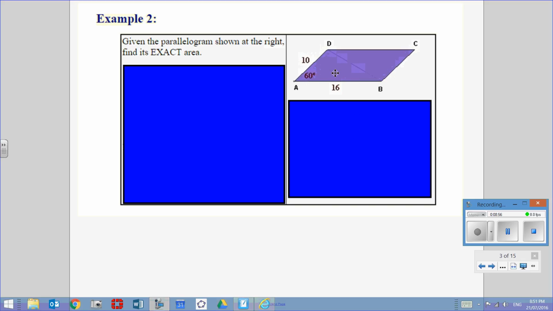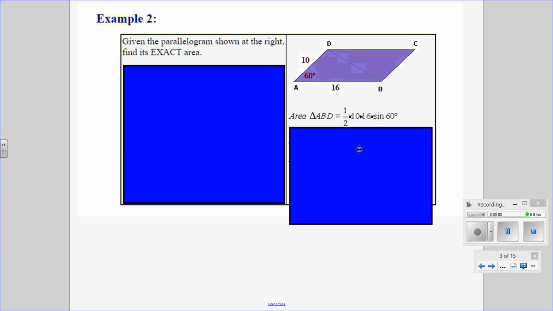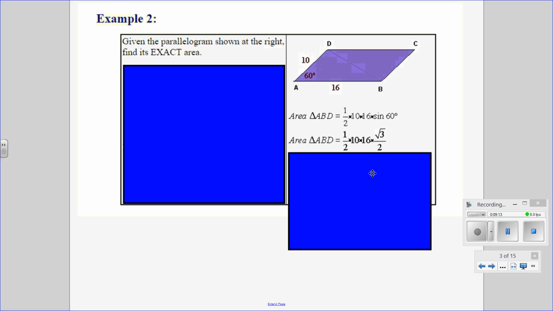So the first thing I'm going to do is find the area of one triangle. For triangle ABD, I'm going to use 1/2 of 10 times 16 times sine of 60. Now this is a fantastic example of what you are able to do now without your calculator. We've been practicing over the last few days that sine of 60 degrees is really square root of 3 over 2. So now without our calculator, we should be able to replace that sine of 60 with root 3 divided by 2.